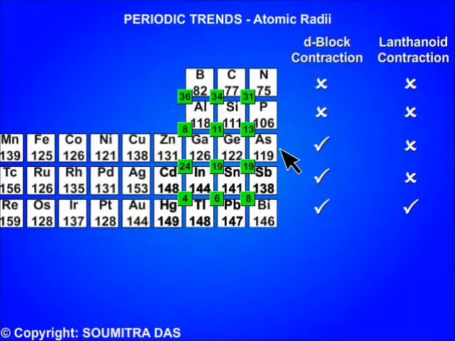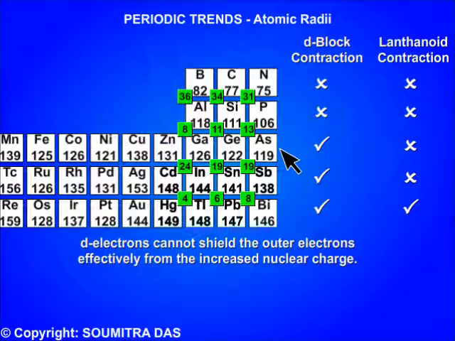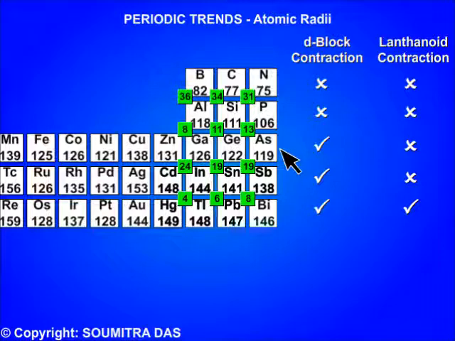This is due to d block contraction, as d electrons cannot shield the outer electrons effectively from the increased nuclear charge. From fourth to fifth period, the difference again increases because in both these periods there is d block contraction. This one is due to 3d electrons and this one is due to 4d electrons. There is also d block contraction over here in the sixth period.